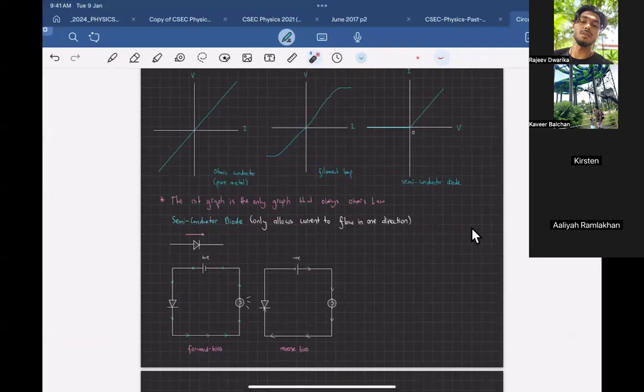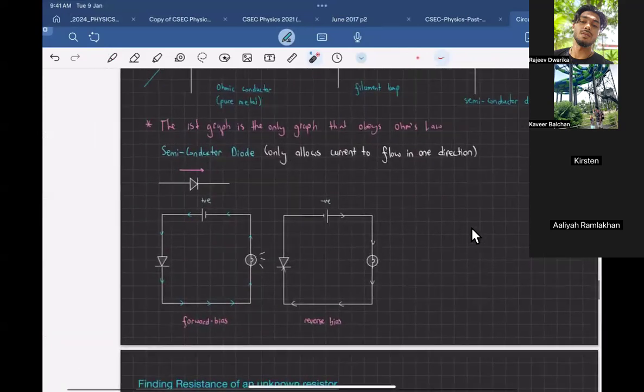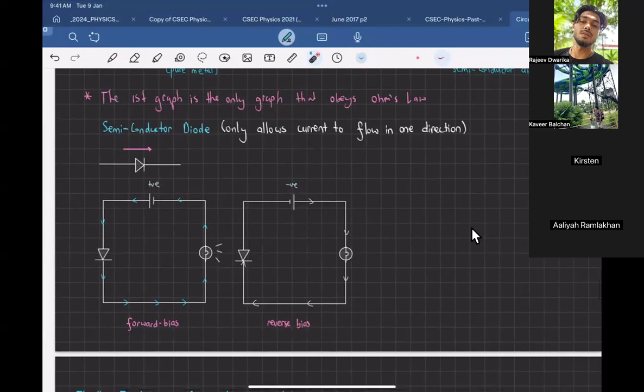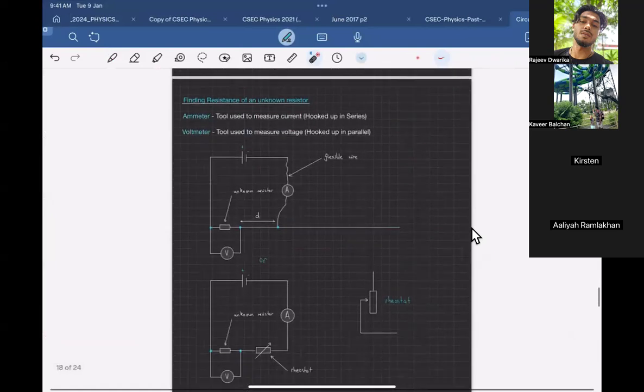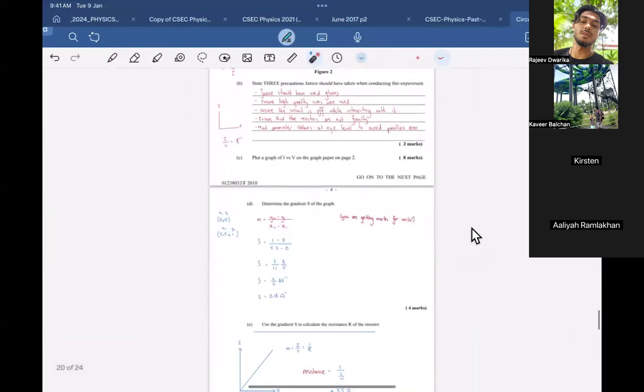Semiconductor diode. I take it you're all okay with that, so we've finished with semiconductor diodes. Next class, I said I was going to do this, but it's a good bit to explain, and I want to do a past paper on this too. Next class, we're going to look at finding the resistance of an unknown resistor.